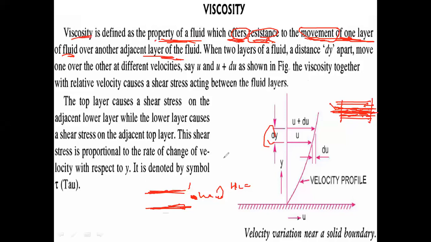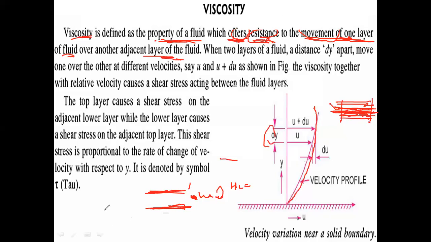It is the resistance offered by one layer to another adjacent layer. That resistance is called viscosity. Now, because of this viscous nature of fluid, you may observe such a kind of velocity profile. It can be seen in any kind of liquid.